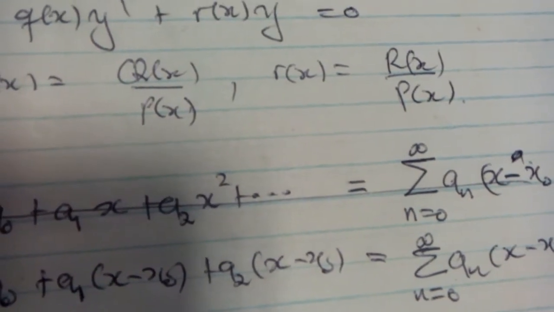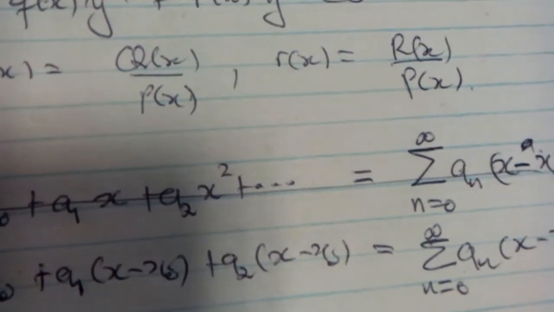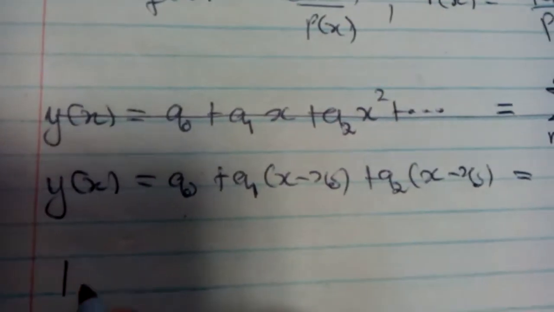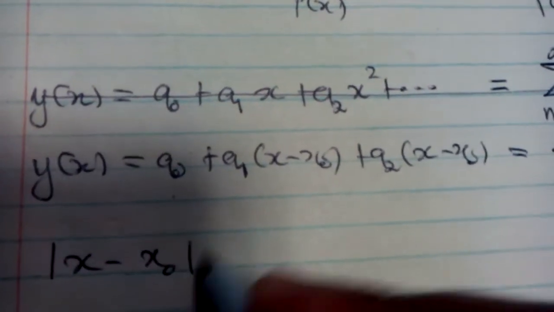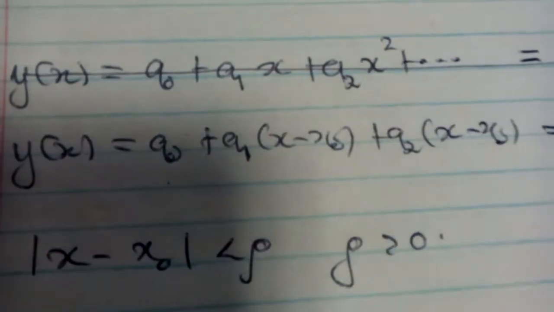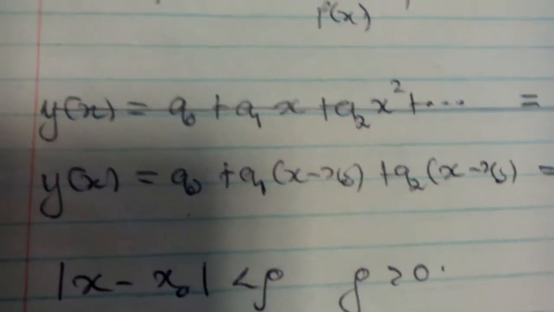And we're assuming that the series converges in an interval given by absolute value of x minus x naught less than some rho, for some rho greater than 0, right?